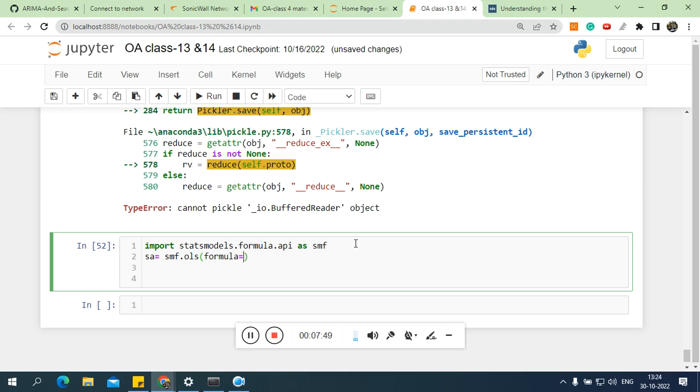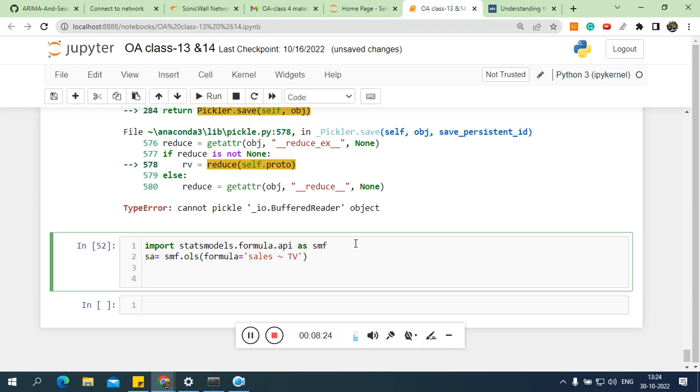So I write sales, then use this approximate symbol, then TV, because I want to identify the relationship between these two.